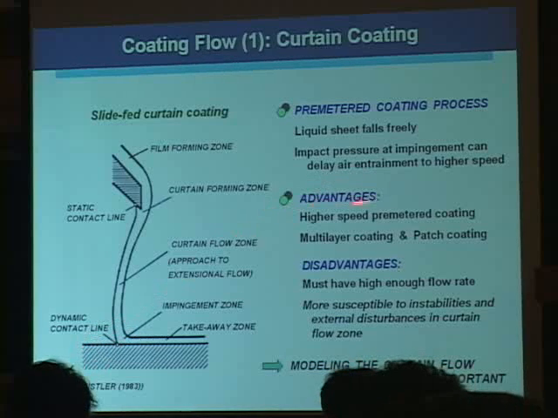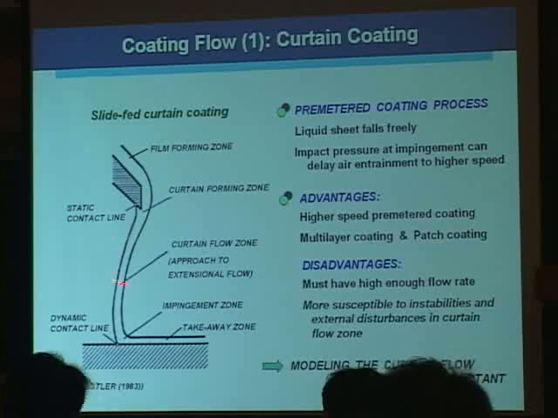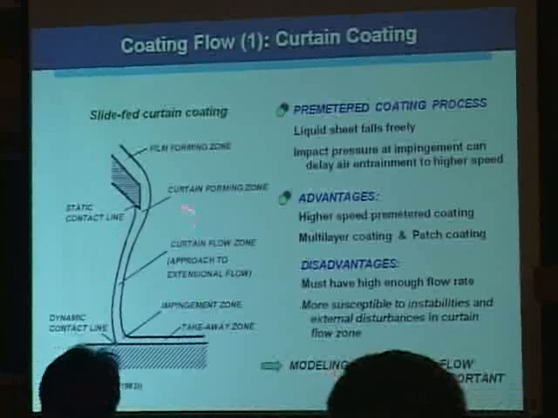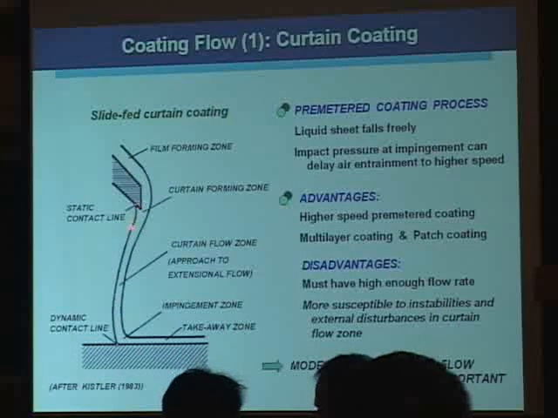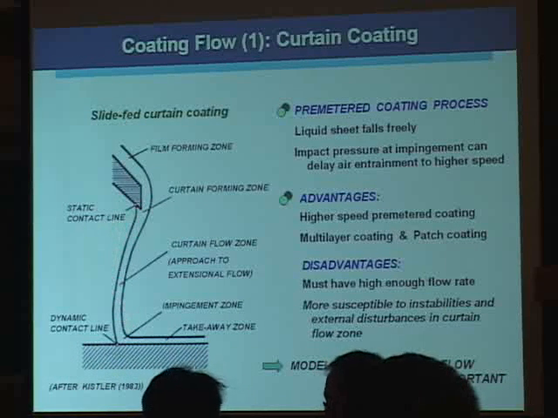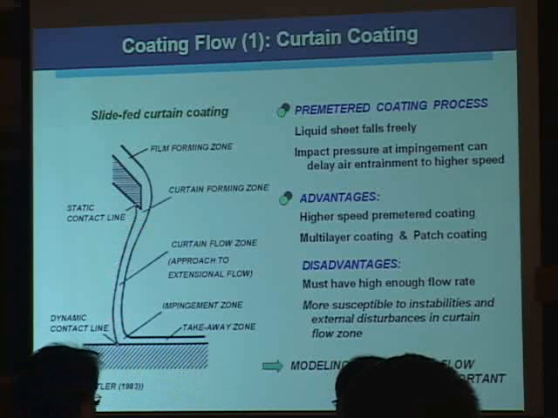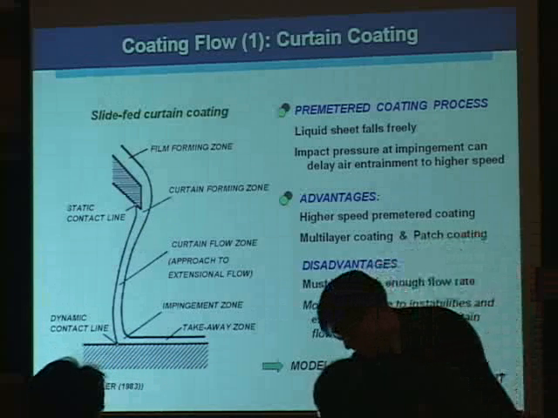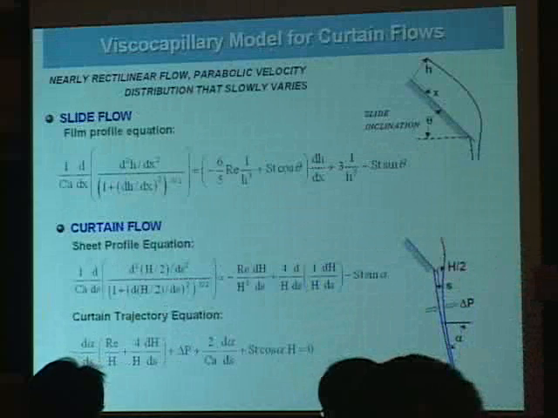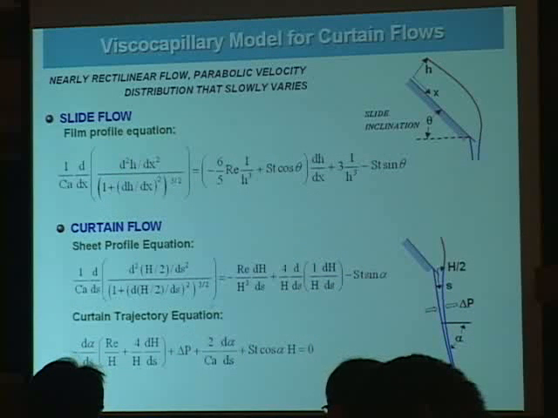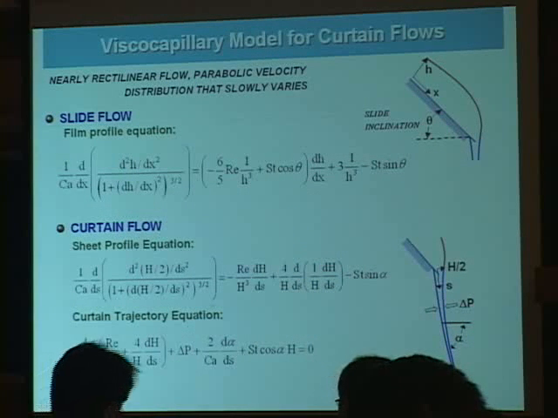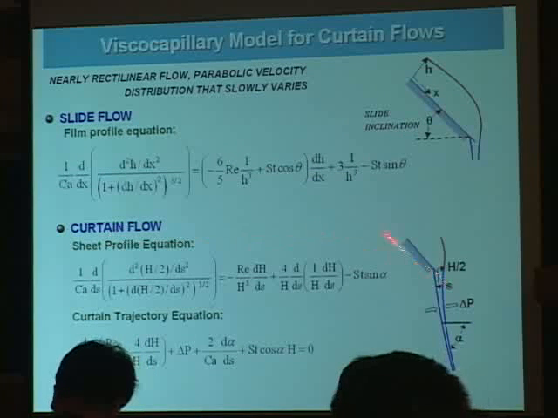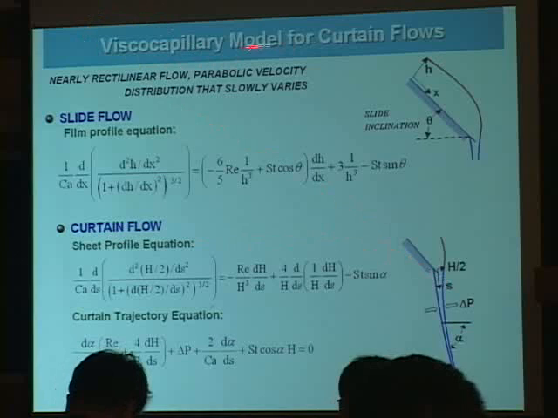There are many advantages and defects in this process, but we will emphasize dynamics and stability in the curtain flow region because this flow region is very sensitive to any disturbances. So we have theoretically analyzed the curtain flow behavior and curtain trajectories in the slide flow region and curtain flow region using a 1D physical capillary model.